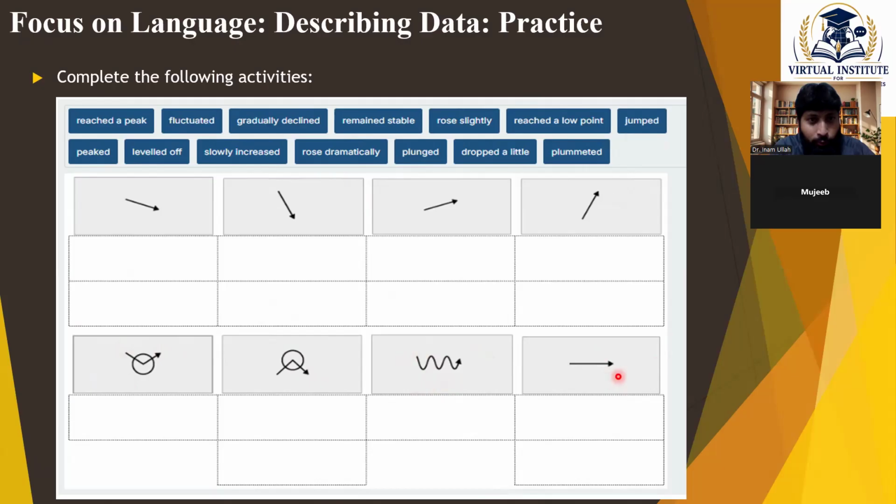And this one, can you please tell me this one? Yes, sir. The last one, can you tell me? It remained stable, right? This one remained stable as well as leveled off. So both of them are correct here.